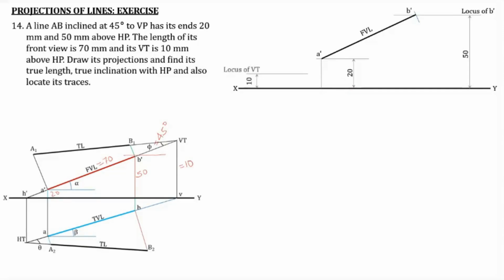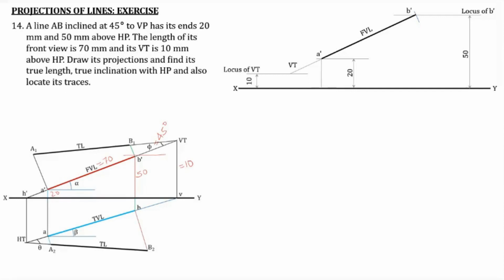First we draw the locus of VT, which is 10 millimeter above the XY line, and then we extend the line A dash B dash.